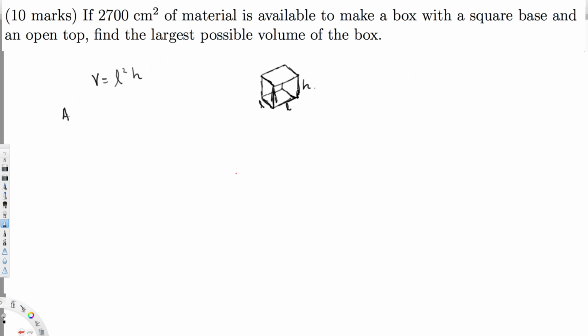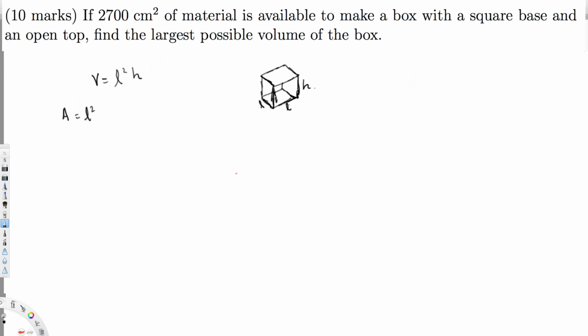If I take the area, in the bottom we have a square base, so the area of the bottom is going to be L squared. But in the top, we don't have anything. They are saying this is an open top box, therefore we shouldn't add that one, but we have four sides of the box.